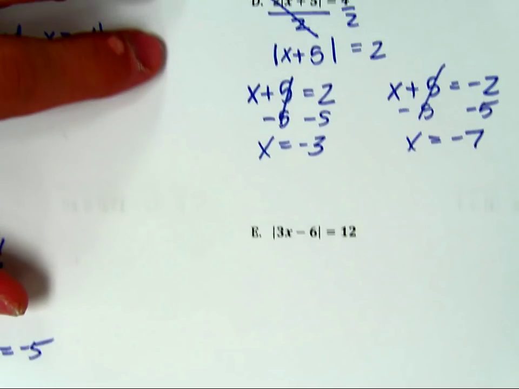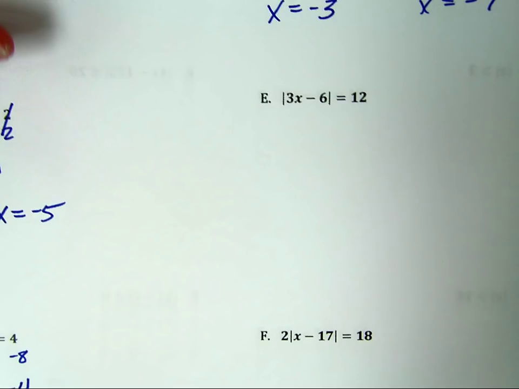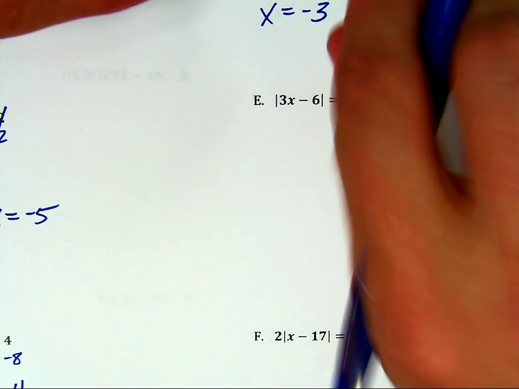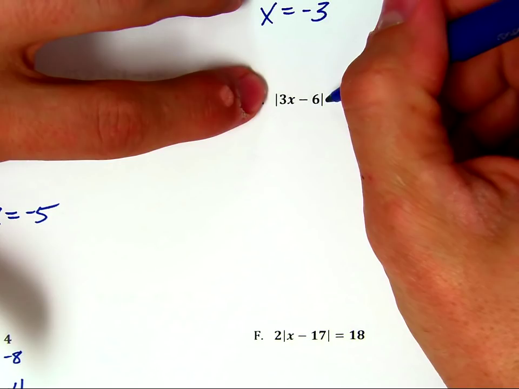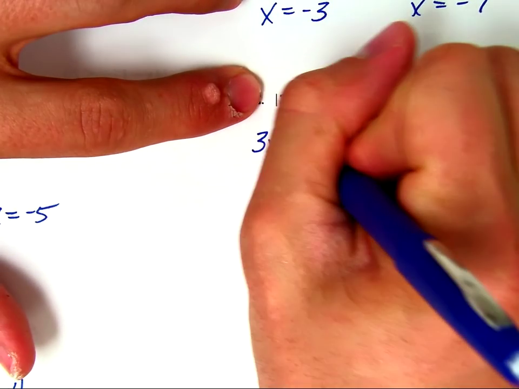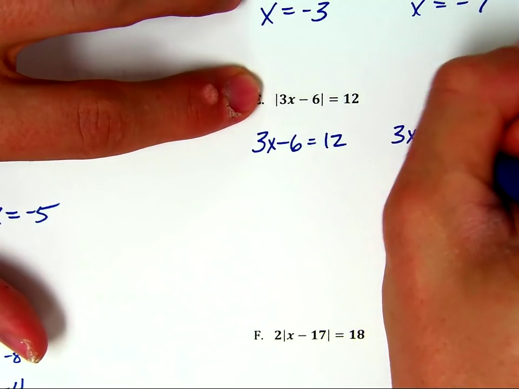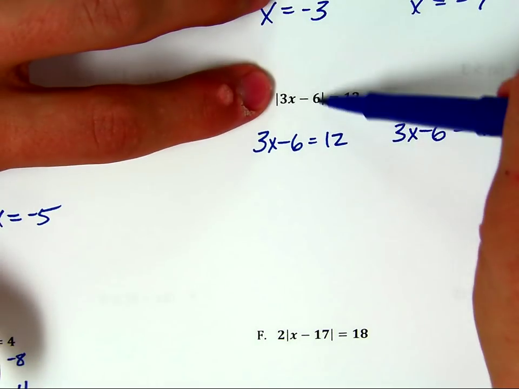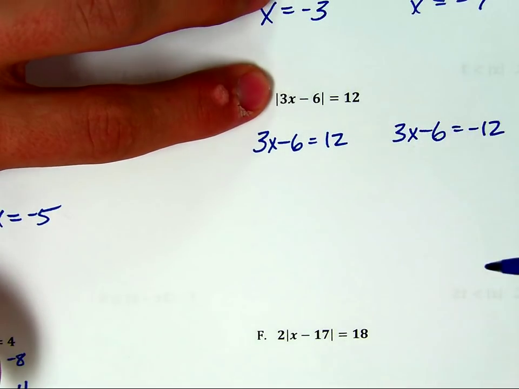All right, moving on. For E, I've got the absolute value of 3x minus 6 equals 12. So this time, notice we don't have anything outside the absolute value. So we can go ahead and say 3x minus 6 equals 12, and 3x minus 6 equals negative 12. Right? Both of those are possibilities for whatever expression is inside of this. Okay?